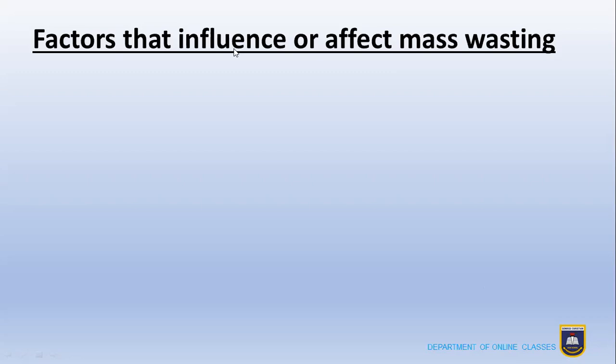We are looking at the factors that affect mass wasting. The first one is the gradient or the slope. I asked an earlier question, asking you to explain how the gradient or slope of a particular landscape can influence or determine the rate of mass wasting or mass movement.